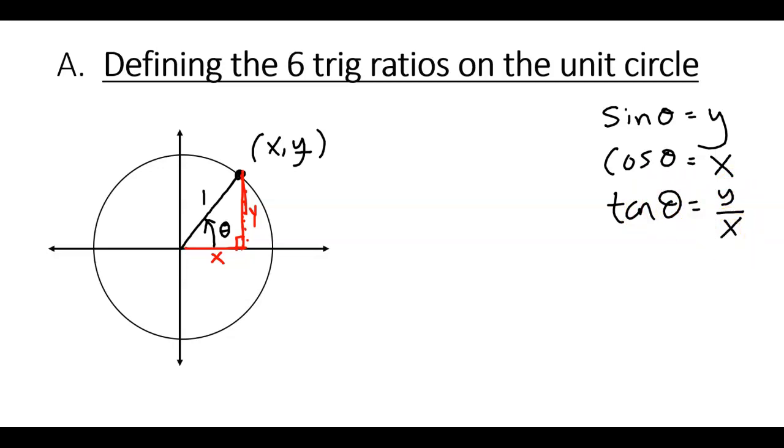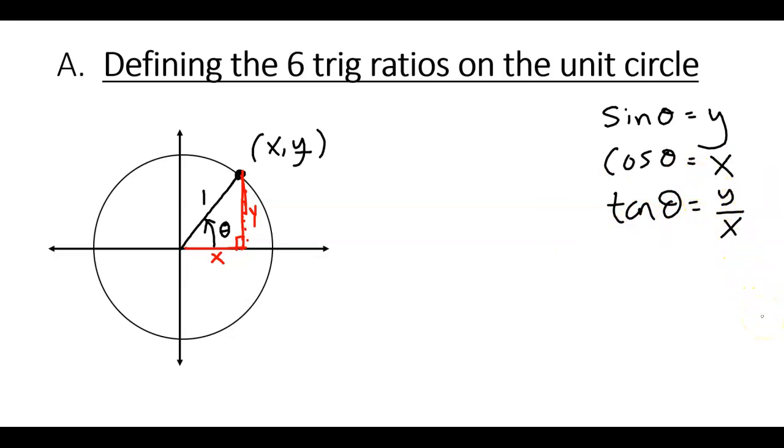Now, we're going to use that for a little bit today, but you're going to find that we actually won't be using this very much at all in the future. Instead of figuring this out every time, we're just going to memorize our tangent values, and we'll get to that a little bit later. But for now, it technically is y over x.